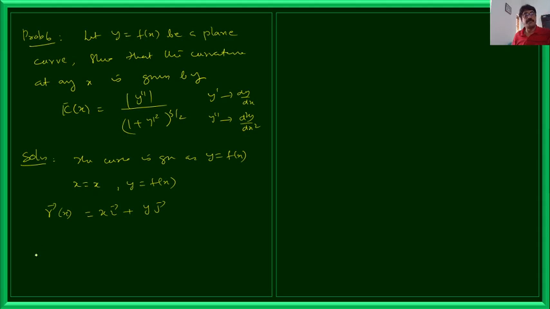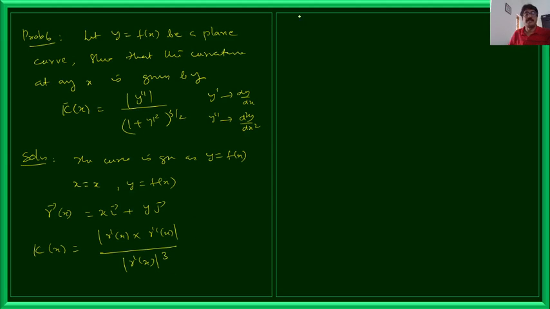Now, if we use the formula kappa at any x is given by modulus of r dash x cross r double dash x divided by modulus of r dash x the whole raised to 3, you will get kappa of x.